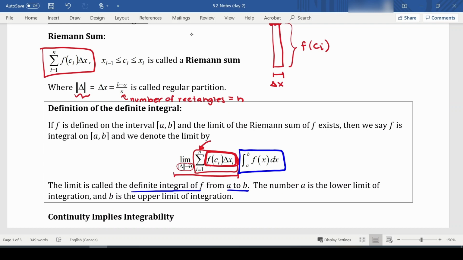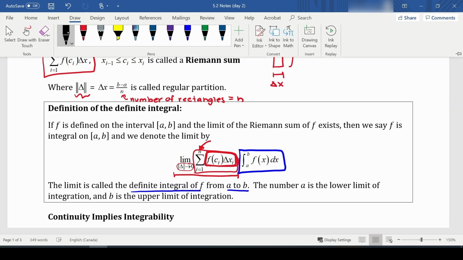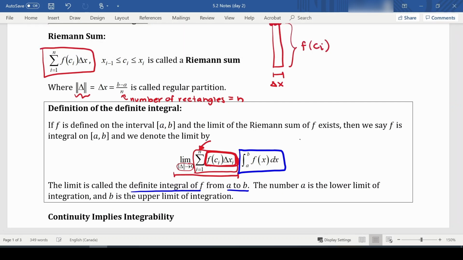The number a is called the lower bound or lower limit of integration, and b is the upper bound or upper limit of integration. Now, this is not the limit you will use most of the time. Another way of writing this, if we think about it in terms of the number of rectangles, is the limit as n approaches infinity, the number of rectangles approaches an infinite number, and you take the sum of the areas of all of those rectangles.